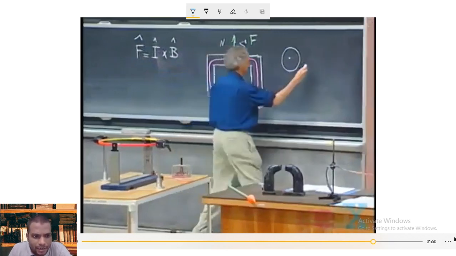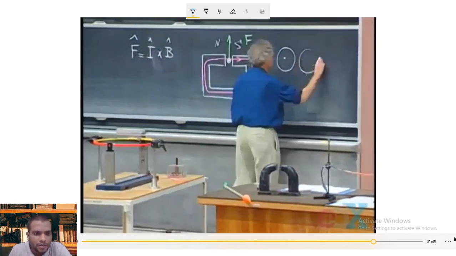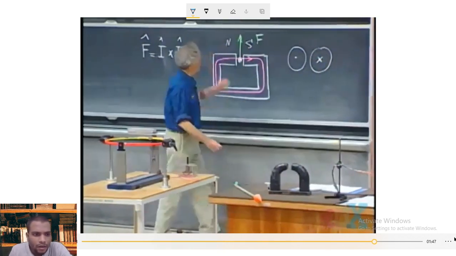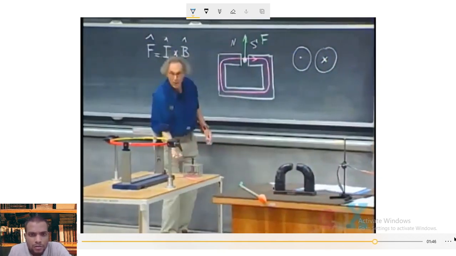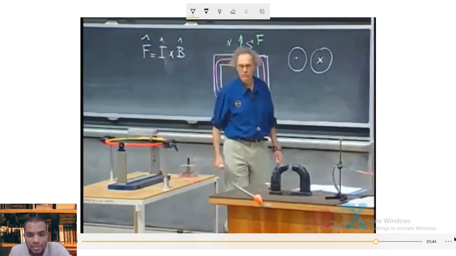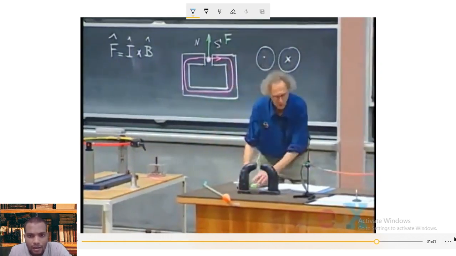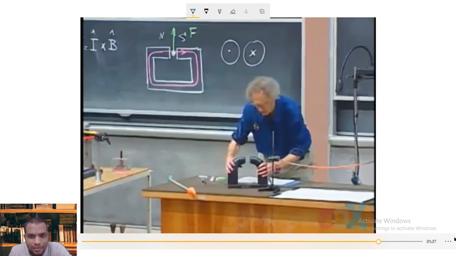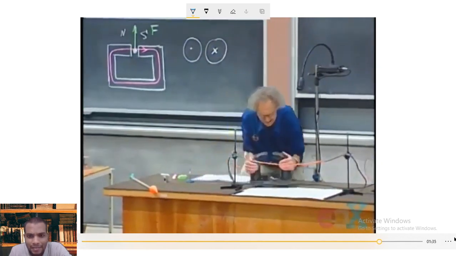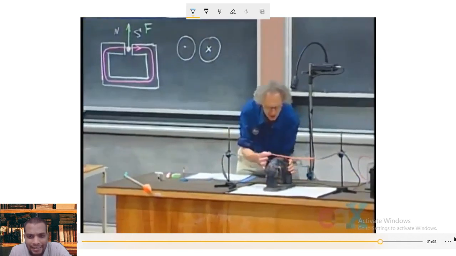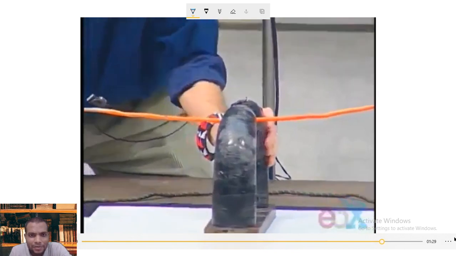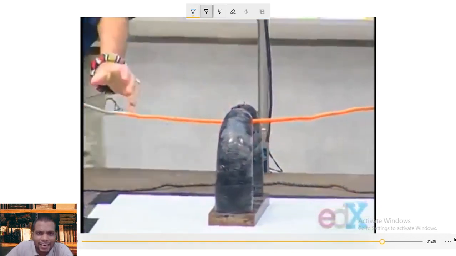Let's first see an experimental demonstration given by Walter Lewin. The experimental setup consists of a strong natural magnet, and that magnet is placed around a current carrying conducting wire.